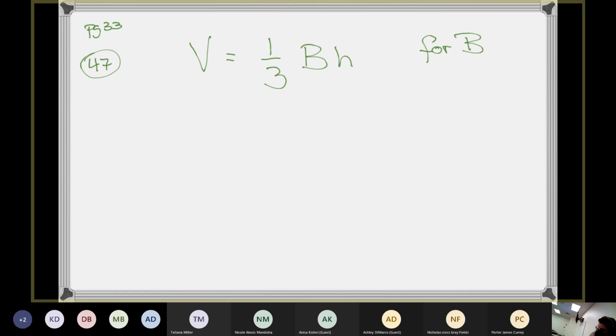On page 33, I'm going to pick number 47. 47 is a volume problem, V equals 1/3 the base times the height, and you are supposed to solve for big B, for the base. This is the formula for a cylinder, but again, that's beside the point. Okay, any thoughts, people? What do you think we should do here?